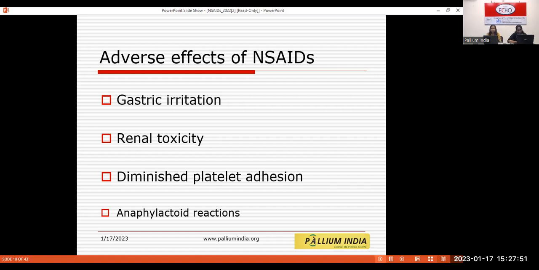So you have to ask whether they have any issues in the tummy, burning sensation, any issues with the urine output, any burning micturition, or are they not drinking enough, and whether there are any bleeding tendencies. If they already have a cancer which is bleeding, a breast cancer which has bleeding, and the doctor gives NSAID, it will bleed more. So you are the people who will know more about it. So you have to ask all these questions.